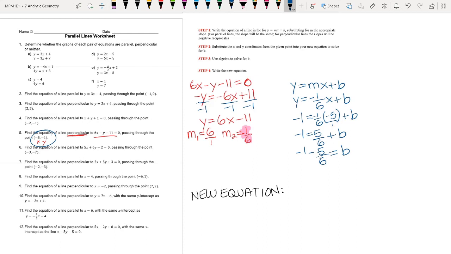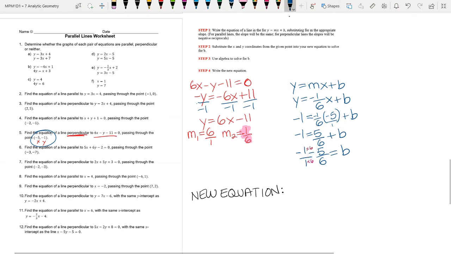Now, in order to subtract 5 over 6 from 1, they need to have the same denominator. Right now, negative 1 has the denominator of 1. And so in order to make it the same denominator as 5 over 6, I'm going to multiply it by 6, which means I have to also multiply the numerator by 6.